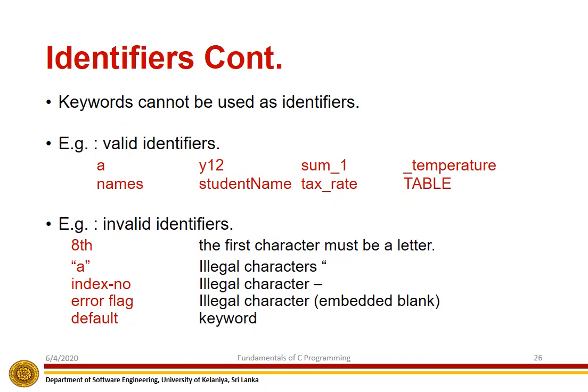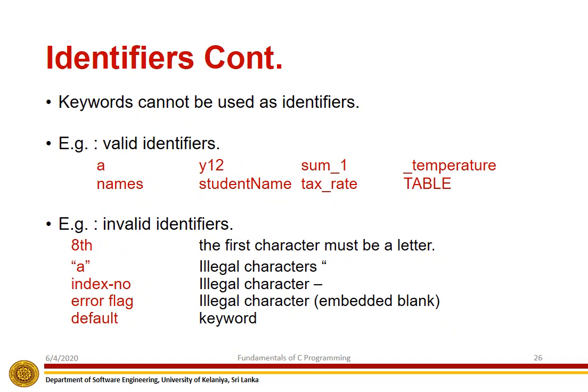But in the previous slide, I told you that we have to use a letter as the first character of an identifier. But here, example 4, underscore temperature, is starting with an underscore. This is a valid identifier. We can use underscore as the first character of an identifier. But normally we use underscore as the first character in system variables.